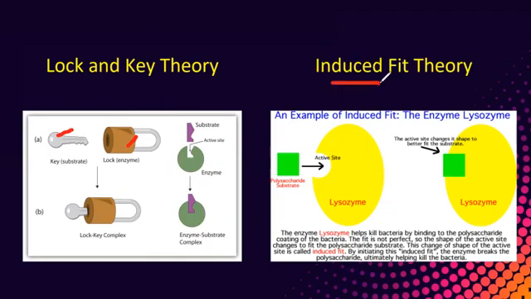While for our induced fit class, what if our substrate has a different shape compared with our active site? In this type of theory, our enzyme will adapt to the size or the shape of our substrate.